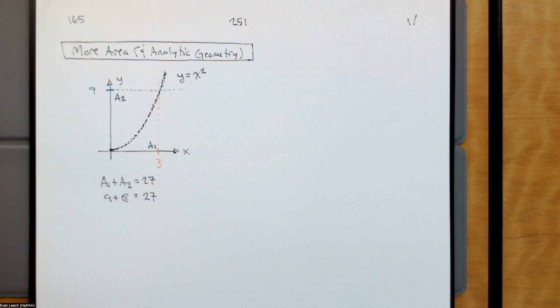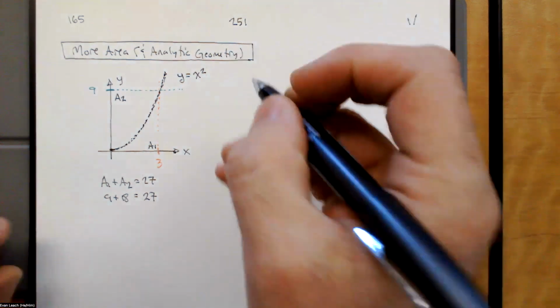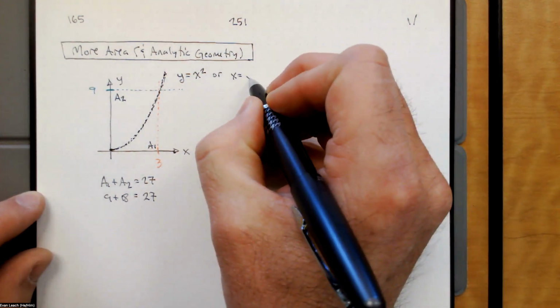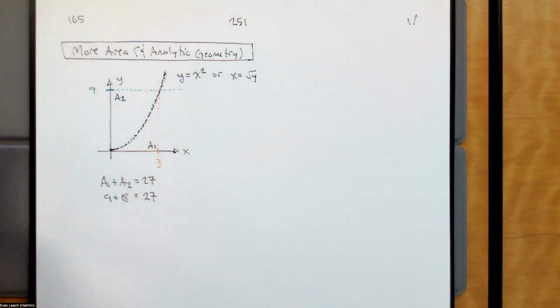even though x squared is not invertible in general, it is invertible on this interval. For the picture that we have here, our function is invertible. So I can describe y equals x squared. I can also turn this around and describe it as x equals the square root of y.